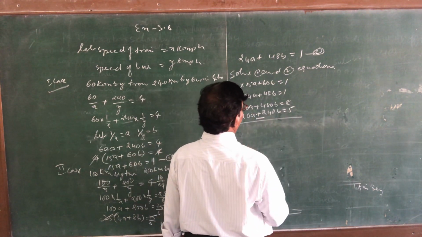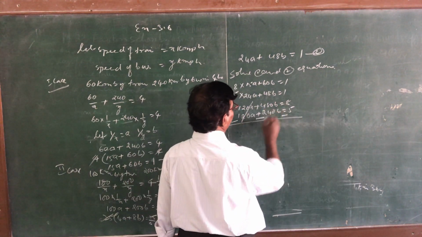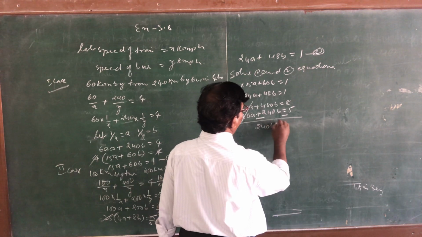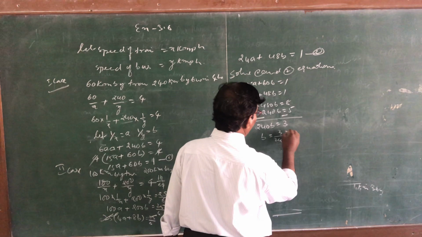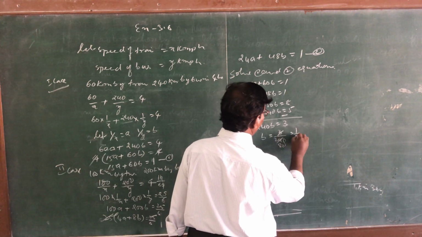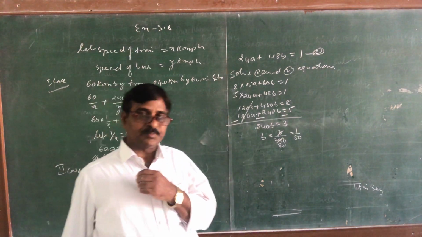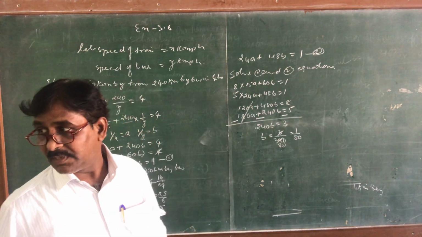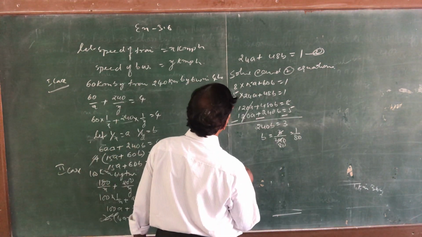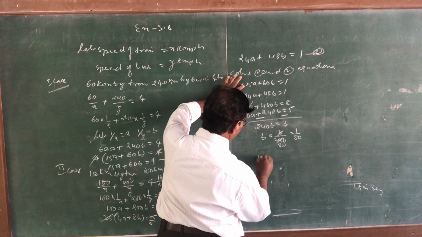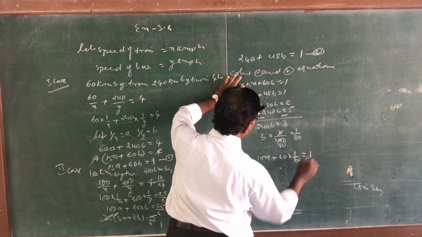Minus, minus. So the a terms are cancelled. 480 minus 240, 240b is equal to 3. b is equal to 3 by 240, which is 1 by 80. So b value you got it. Substitute this b value in either equation 1 or 2. The first equation: 15a plus 60 into 1 by 80 is equal to 1.